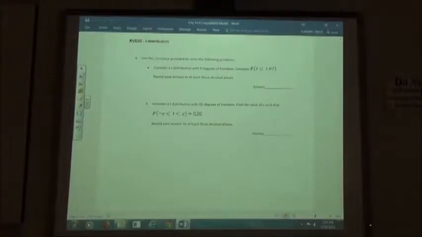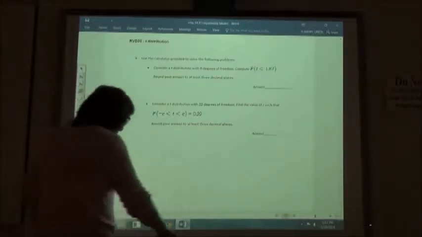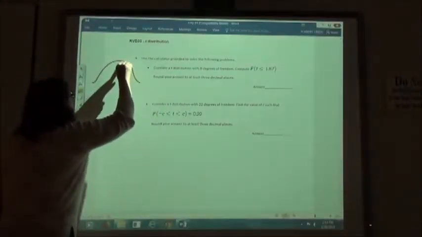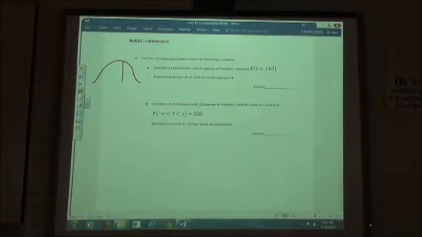It doesn't matter what problem you're on, just go to whatever problem's there on your pie chart, and then hopefully the calculator is active. Are we ready? Yep, come in.